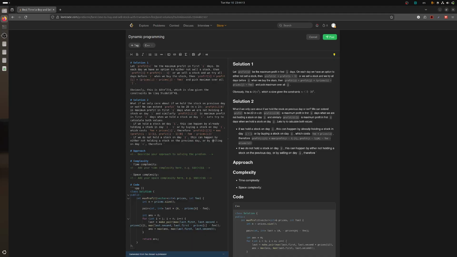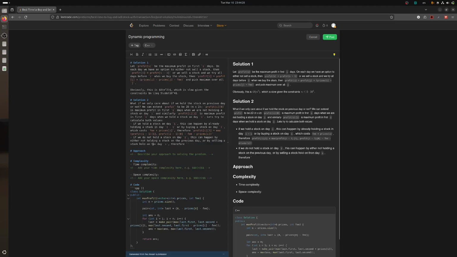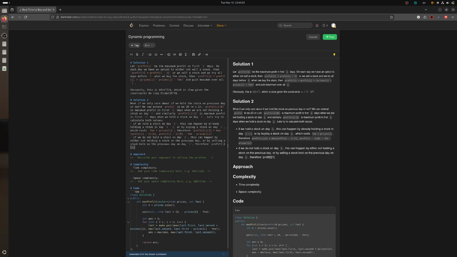Or holding the stock from the previous day or by selling a stock held on the previous day on day I. Therefore, profit I1 equals max of profit I1, profit I0.